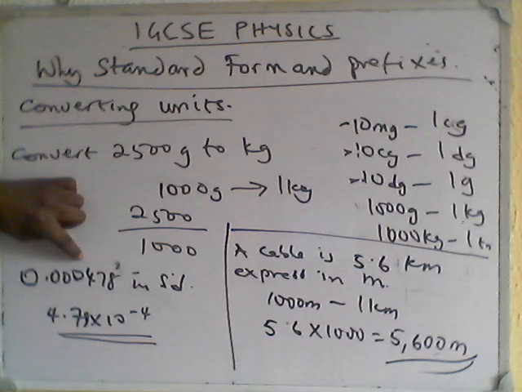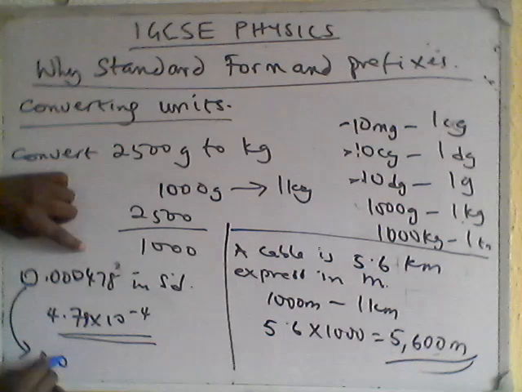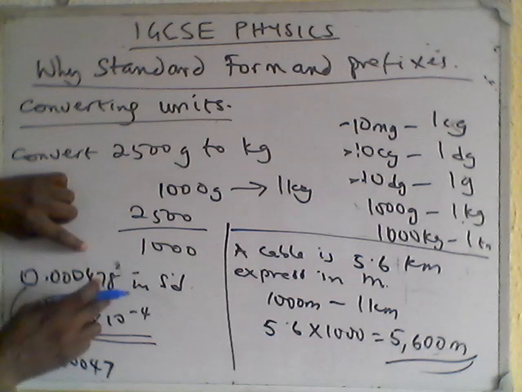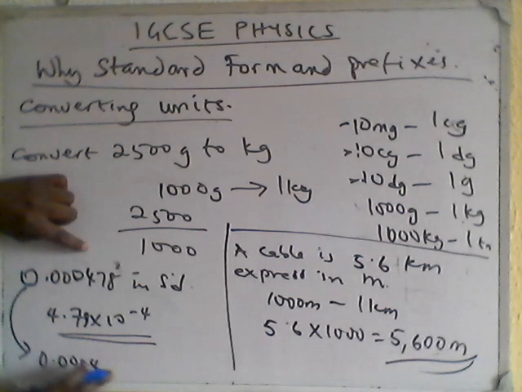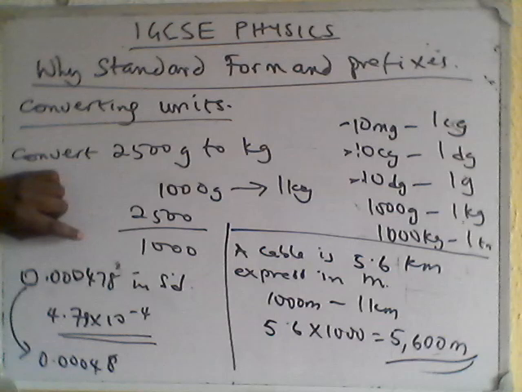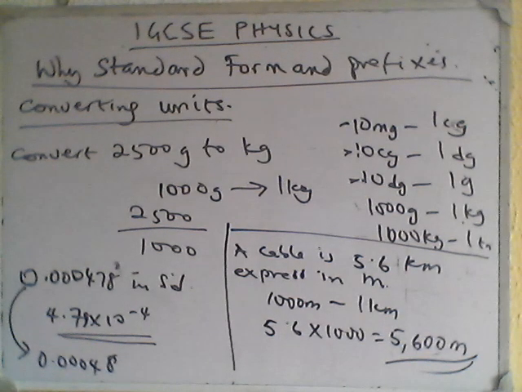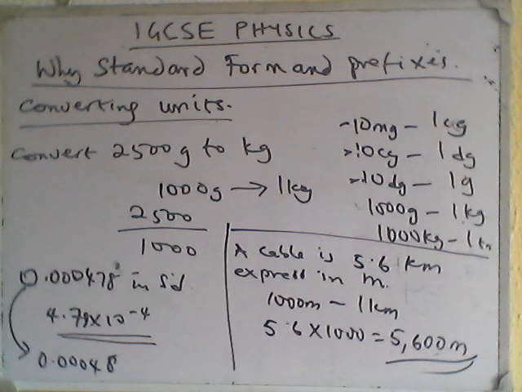So in significant figures, this one becomes 0.00047. It's supposed to be 47, but because the next digit is more than 5, I'll take it as 1 and add to the 7, and it becomes 48. You understand? 48. So if it is 3 significant figures, I will just say 478. That's the same thing.